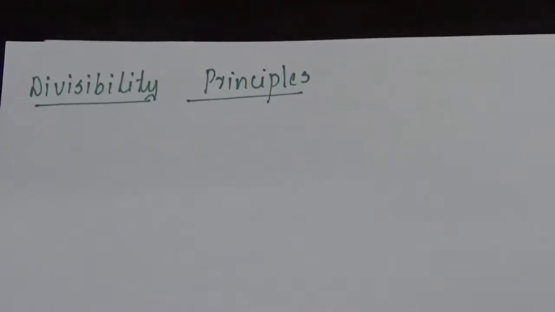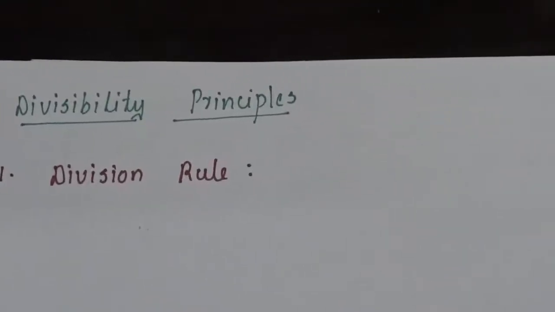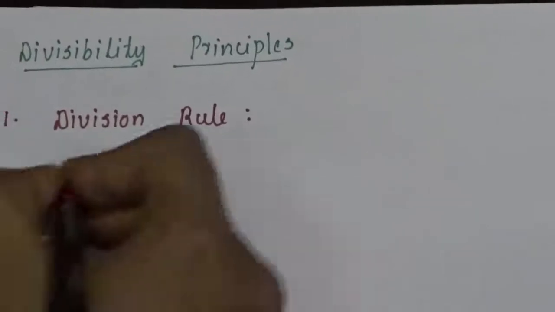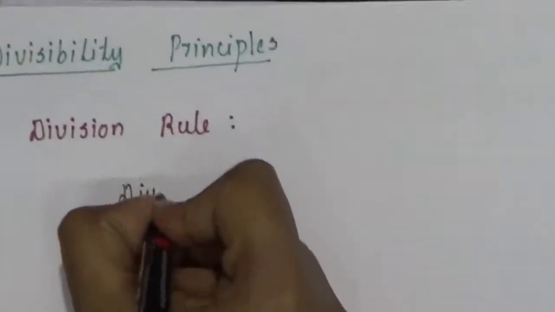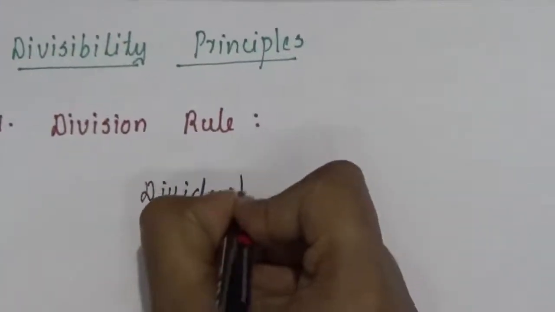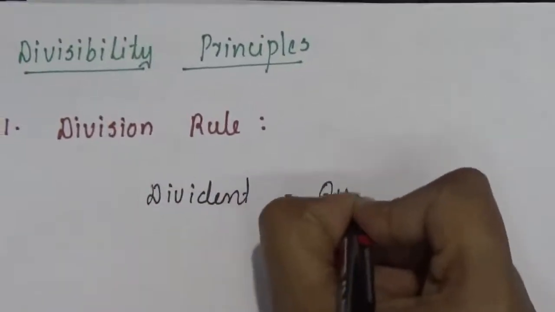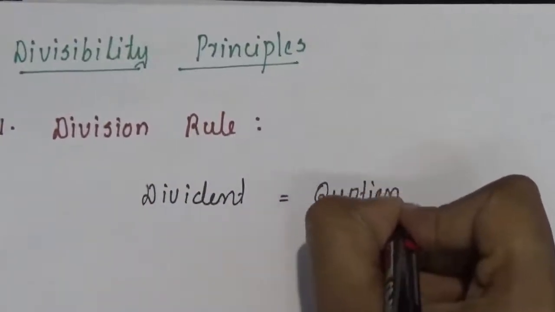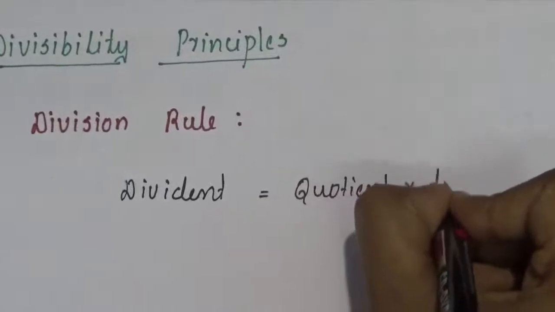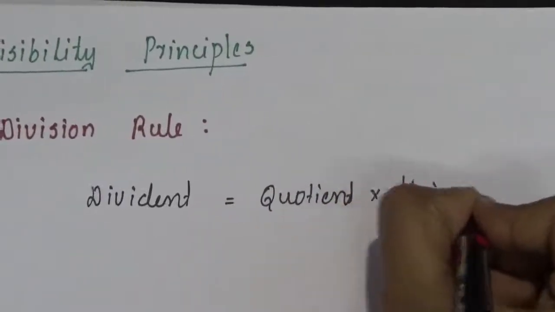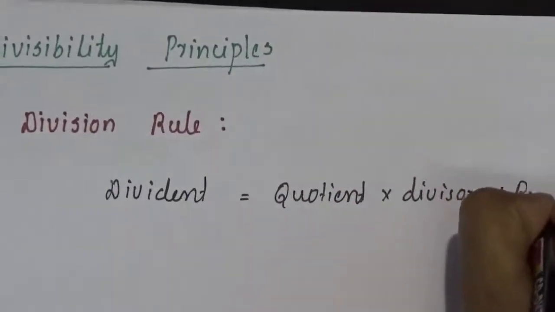Divisibility principles. Let's see what division is. We know that dividend is equal to quotient into divisor plus remainder.